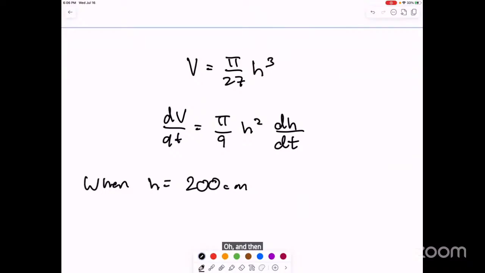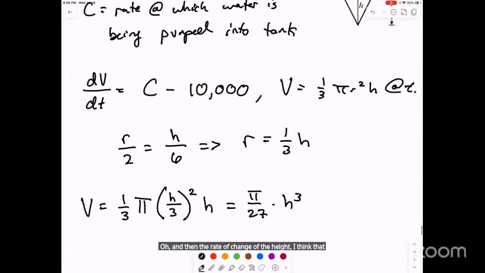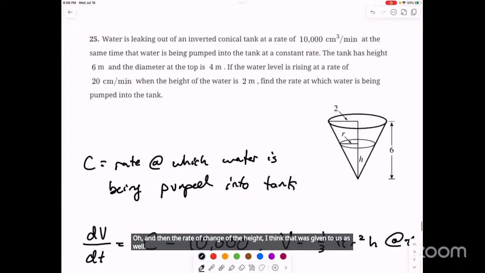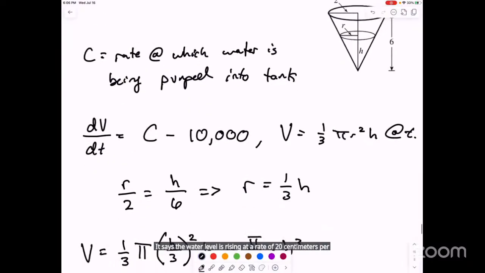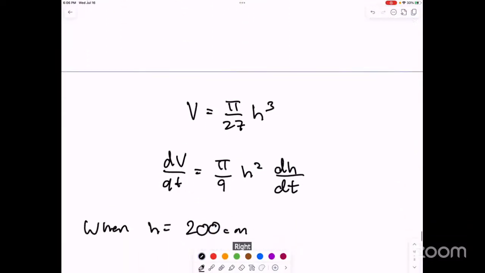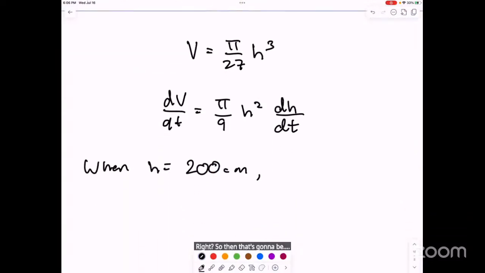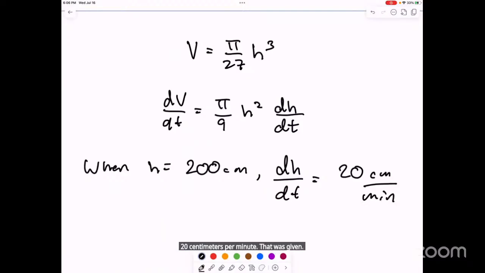And then the rate of change of the height, I think that was given to us as well. It says the water level is rising at a rate of 20 centimeters per minute, right? So then that's going to be our dH by dt, 20 centimeters per minute. That was given. We got the height of the water.